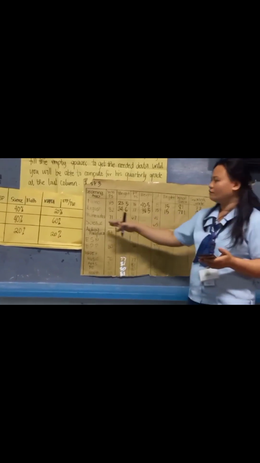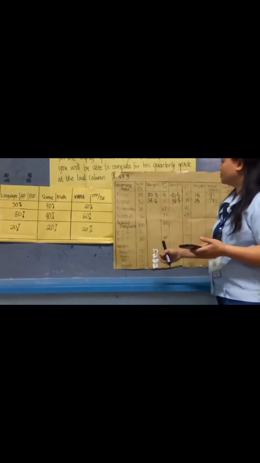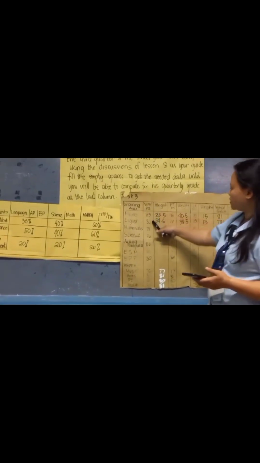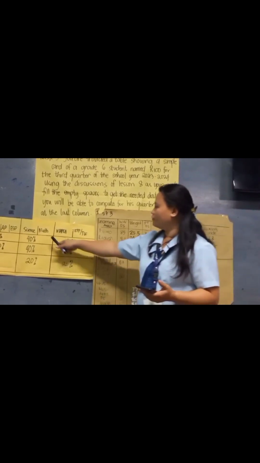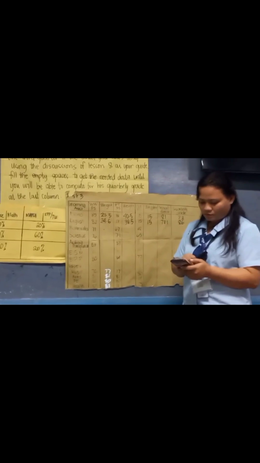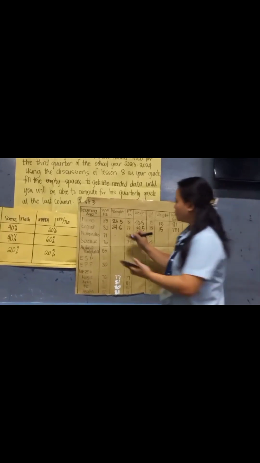So moving on, we have here the mathematics subject. The written work is 71. The value for written work in math is 40%, so we're going to multiply 71 times 40%, which is 28.4.